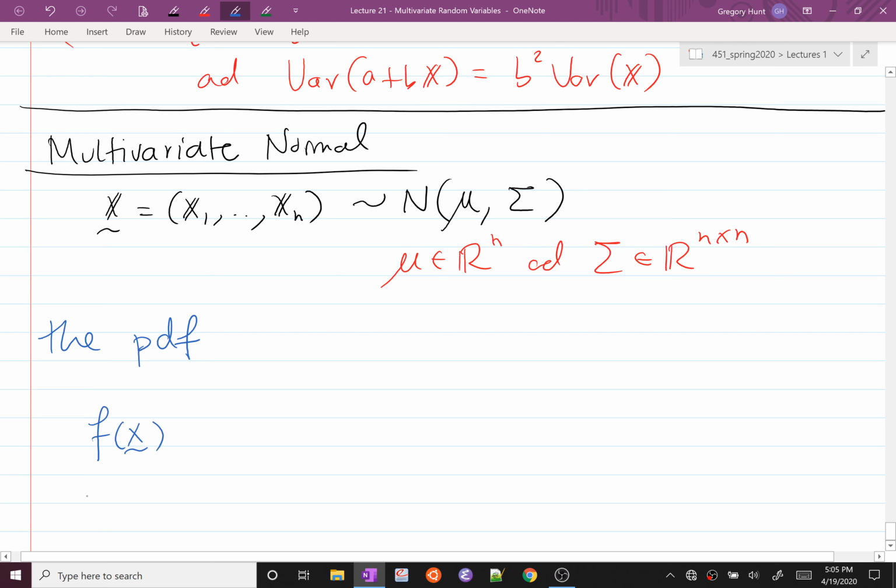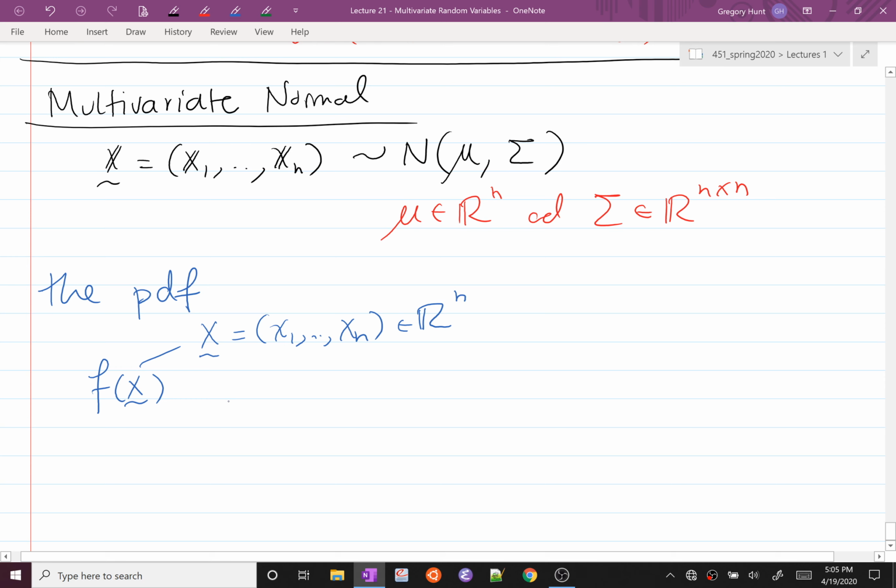And the PDF, the joint PDF, of my multivariate normal. Here my x tilde is just shorthand for X1 to Xn. It's my vector notation for something in Rn. Some people put little hats over that; I put a tilde under it. The PDF has the following form.